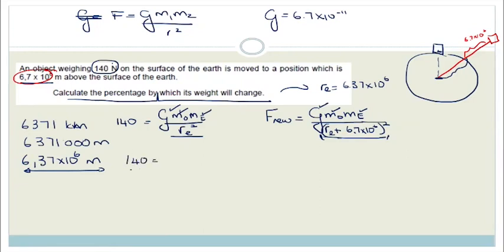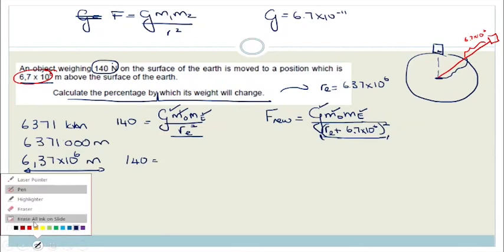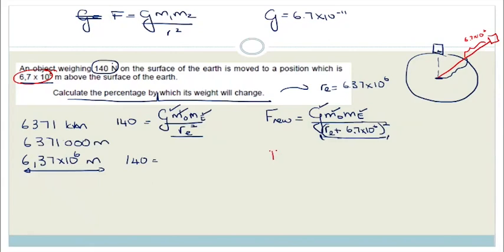Originally, we had 140 times G MO ME over RE squared. But now our F nu, sorry, let me just go back to this. Let me change color. Our F nu is this bit here, which is the same as this bit here. Do you agree?